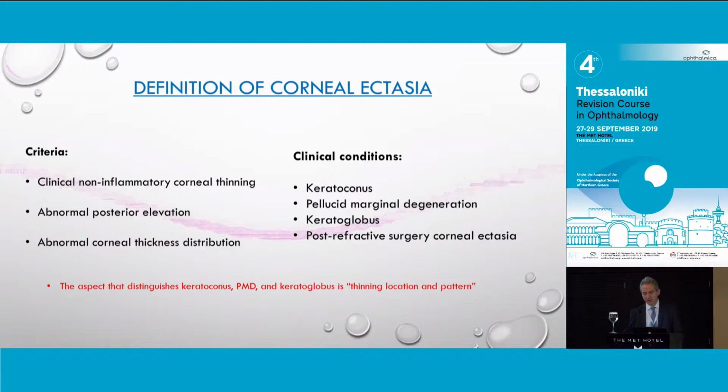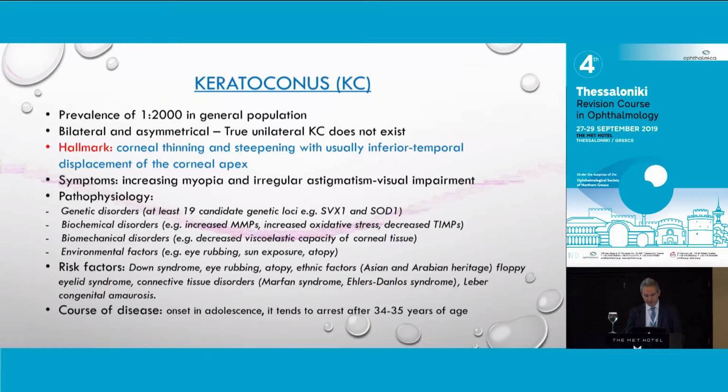And there is a number of diseases actually included in the general term corneal ectasia, each one of them having their own characteristics, but also some common findings. Now, let me remind you about keratoconus, that it's not an uncommon disease.